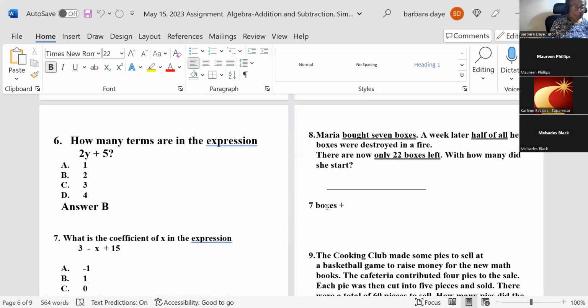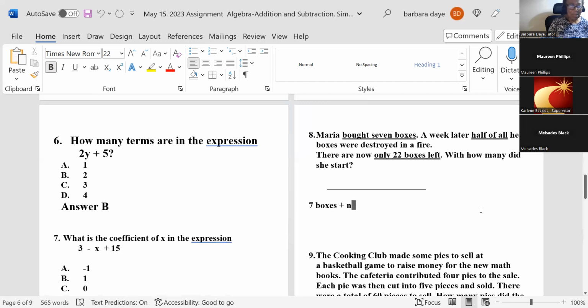So 7 boxes plus, okay. Let me just put, okay. Let's say N is the number of boxes that she started with. What is that equal to? 7 boxes plus N. What is that equal to?